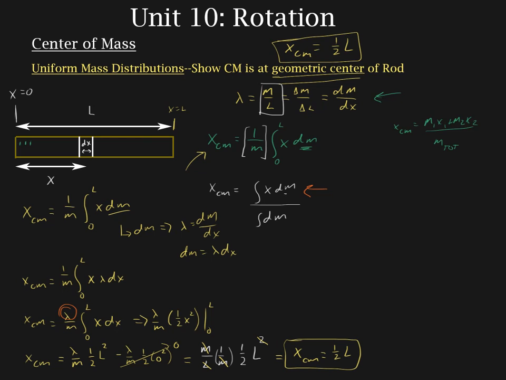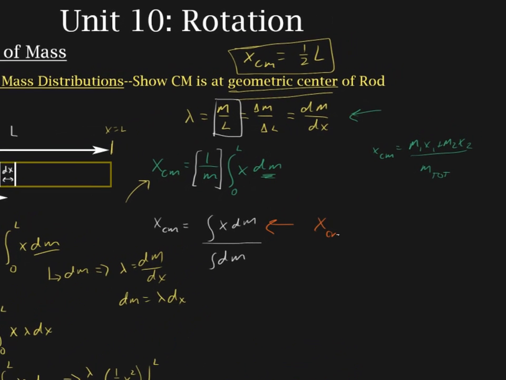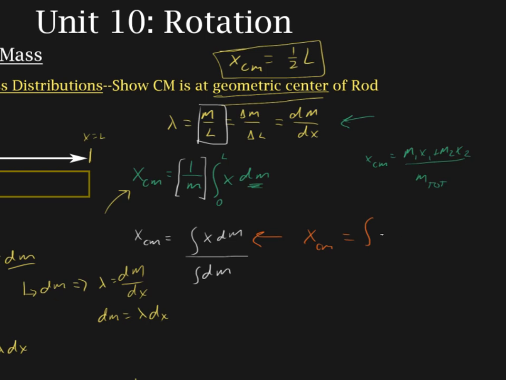Okay, so if we take a look at it from this approach, then what we end up with is x_cm is equal to the integral of x times, now remember, dm we just said was going to be equal to lambda dx. So this becomes x lambda dx, and then we divide that by the integral of dm, where dm is still lambda dx. And so now we can see that lambda is a constant and that we can just cancel it out. It's no longer a problem for us.